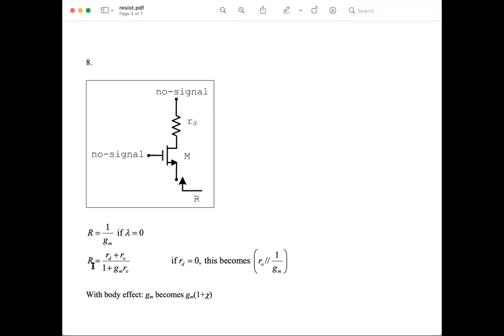And if you calculate R with an infinite Rd, so infinity plus Ro over 1 plus Gm Ro would be infinite. And therefore, the input resistance for Q2 in the cascode would be infinite. Again, by applying this formula. If Rd is not infinite, if the current source is non-ideal, has a certain output resistance, then this is how I can find the input resistance of Q2 looking into its source terminal.